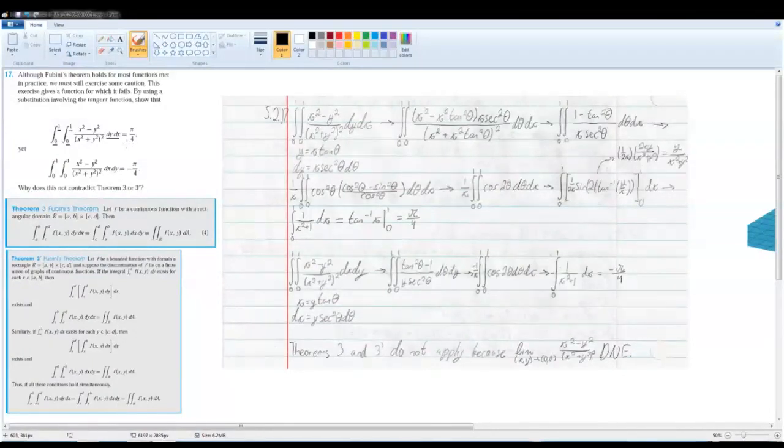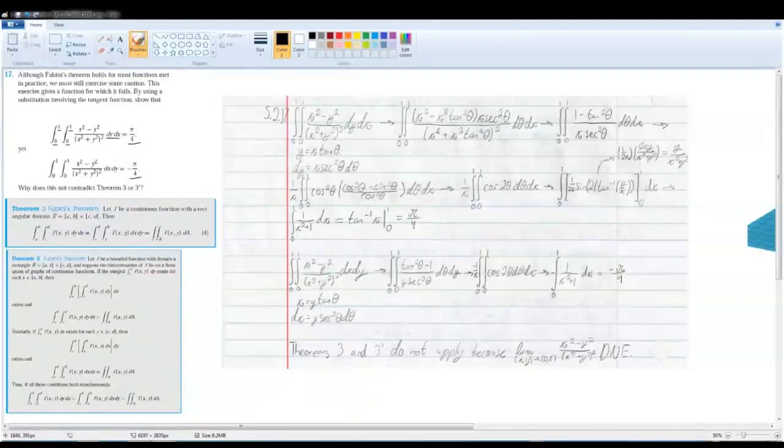And it asks us to prove through a substitution involving tan how this becomes pi over 4 and this is negative pi over 4, and then prove why it doesn't actually hold here, why Fubini's theorem is, I guess, not contradicted, but just doesn't apply in this scenario.